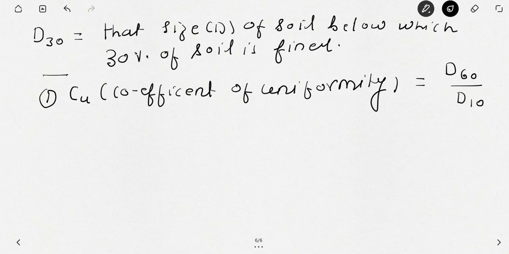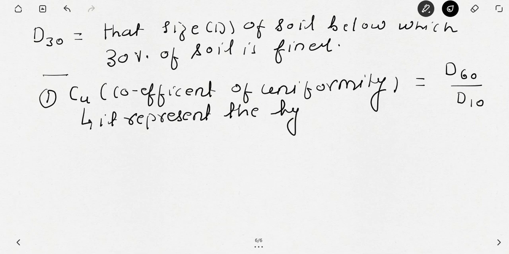The ratio of this is Cu, and what does Cu represent? It gives an idea about the type of particle, type of soil actually, and also it gives an idea about gradation.